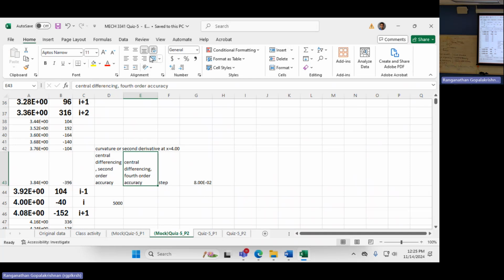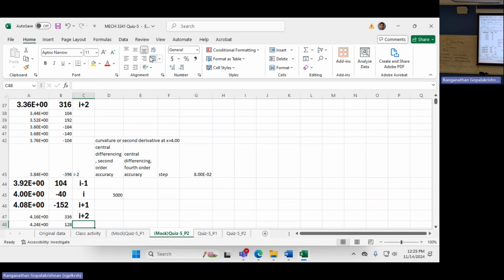So this formula involves from i minus 2 to i plus 2. It involves 5 points. Okay, so we'll write i minus 2 and i plus 2.